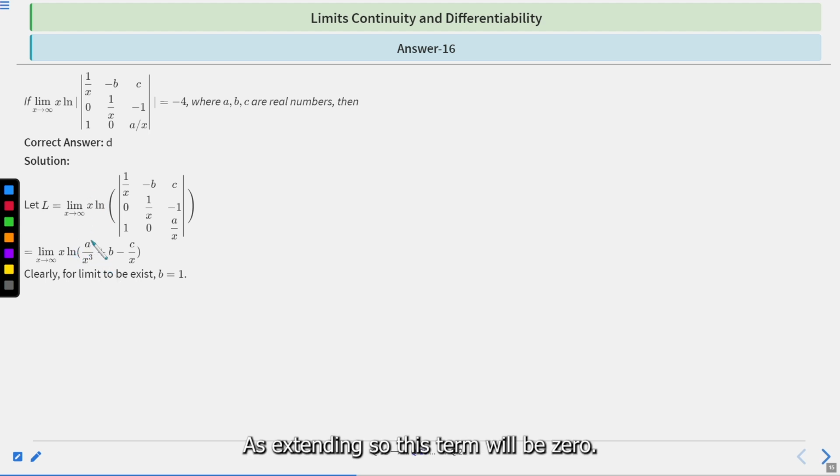As x tends to infinity, this term will be 0, and this term will be 0. So the indeterminate form will be infinity times 0, since ln 1 is 0. For this limit to exist, b should be 1.